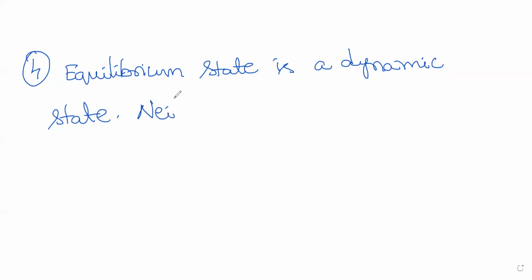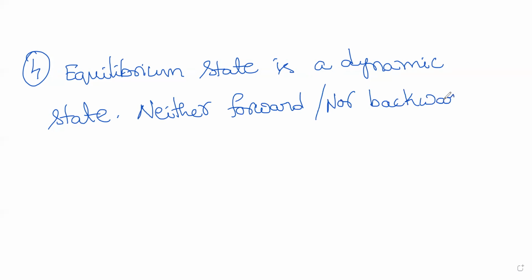So neither forward reaction nor backward reaction stops. Equilibrium state is a dynamic state. Neither the forward reaction nor the backward reaction stops.